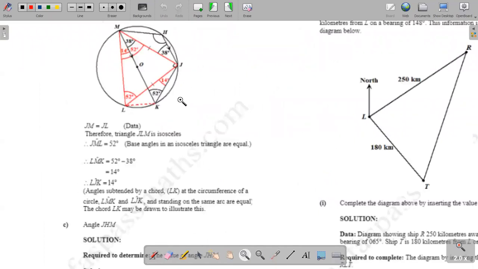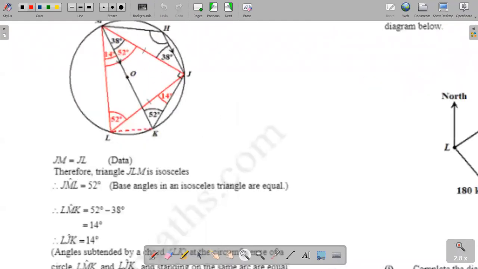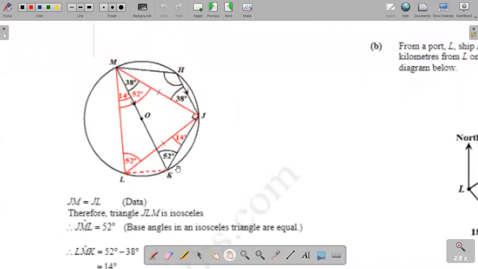All right, so here, what they're asking us for here, JM is equal to JL. Let's look at where JL is. Okay, I think they're talking about where JL is. JL and MJ is the isosceles. Okay, everybody see the isosceles?